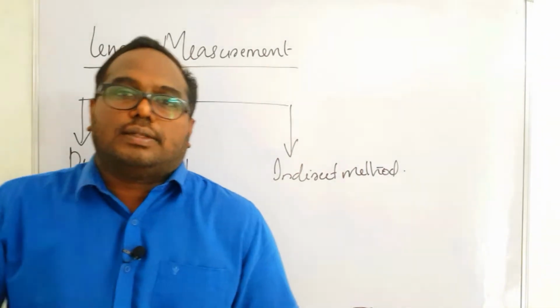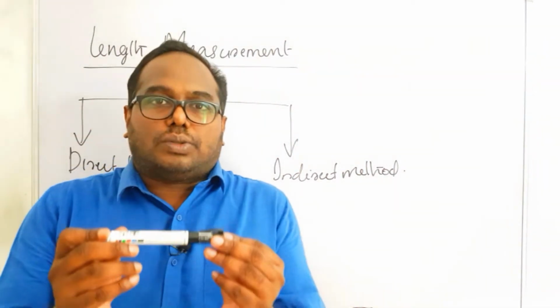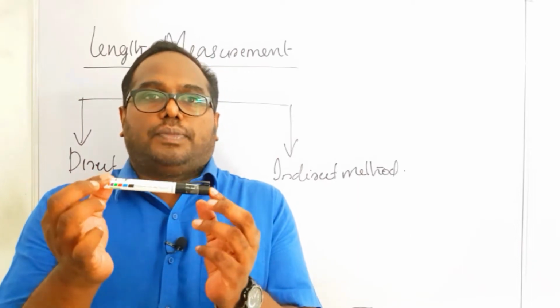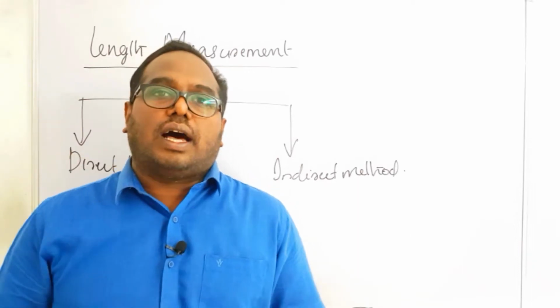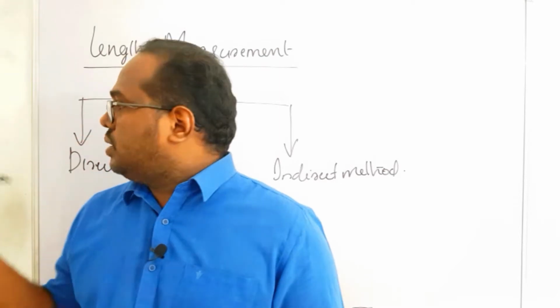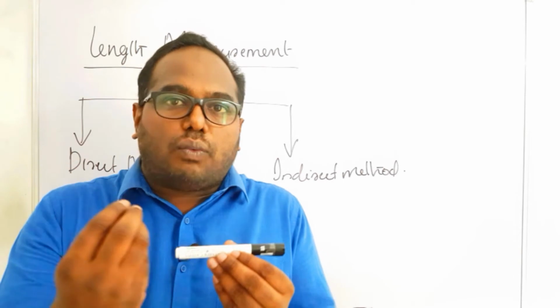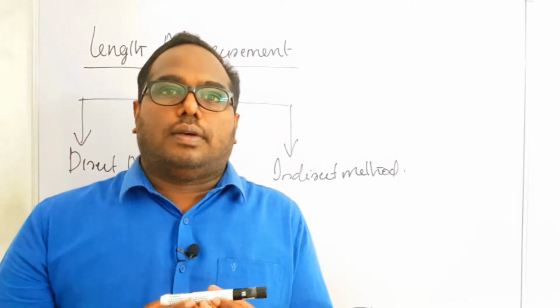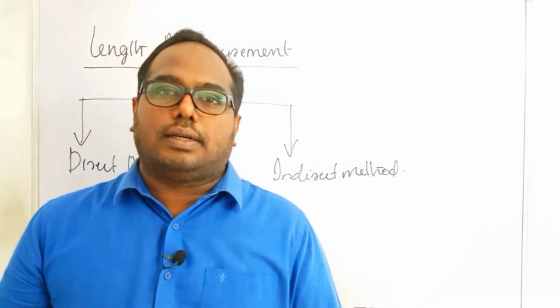In direct method, suppose, as I told you, length is the distance between two fixed points. If these two fixed points are conveniently within our reach, we can use the direct method. If any one of these points is not convenient to reach, we use indirect method.